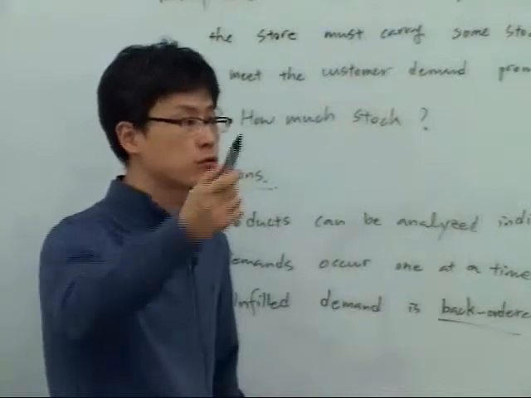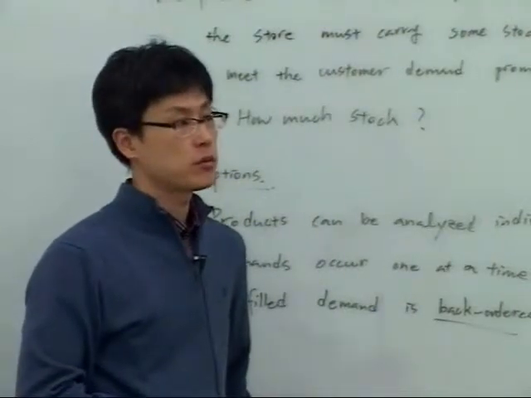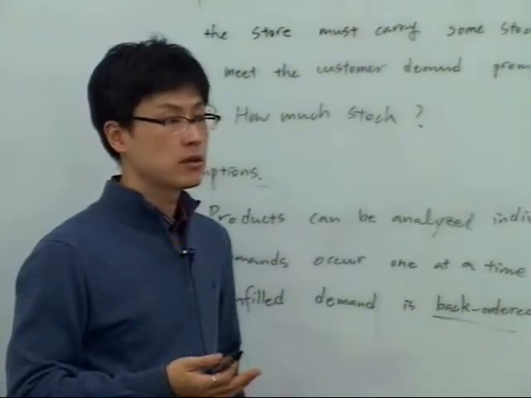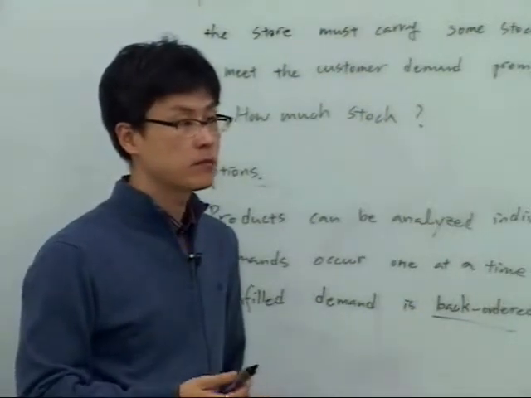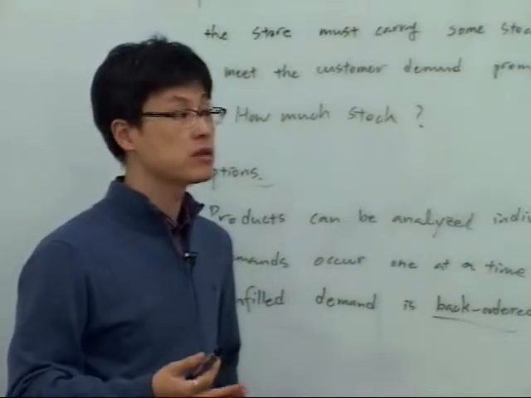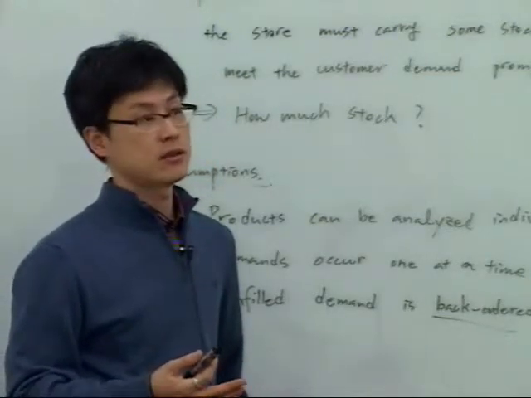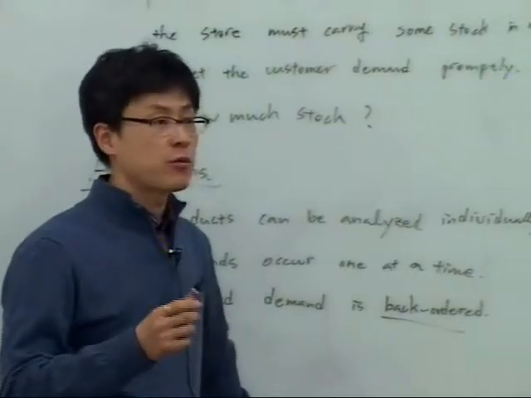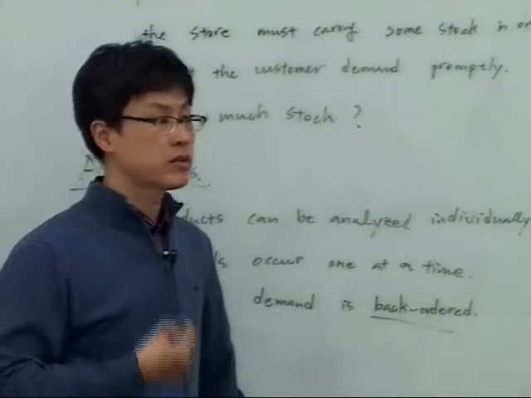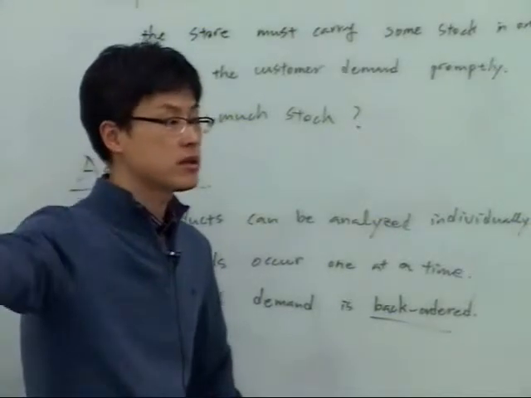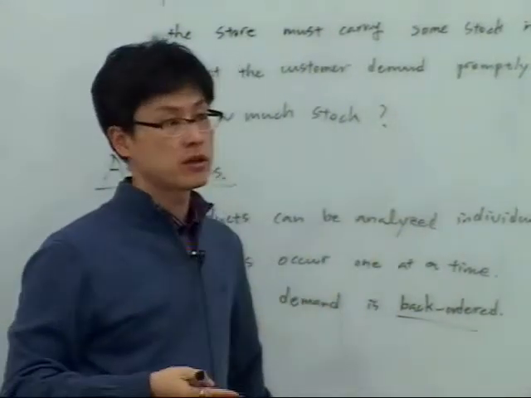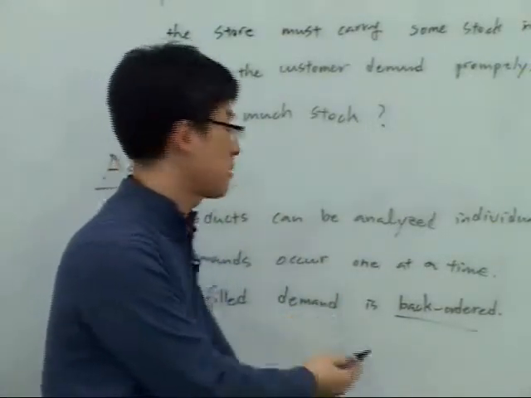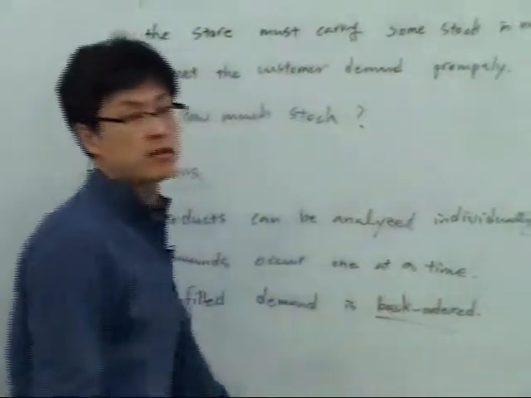You go to that TV store to purchase one TV set, but at that time the store doesn't have any TV set left. So what you do is, I will pre-order my TV set. When the TV set is delivered to the store, then I will buy that TV set. It's the same thing. Back order. Okay?